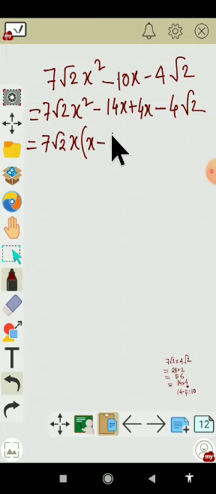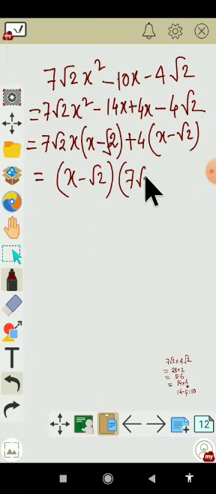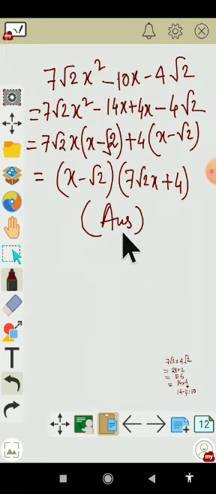So x minus root 2, plus 4 into x minus root 2. So the common part is x minus root 2 here, and 7 root 2 x plus 4. So this is the required answer.